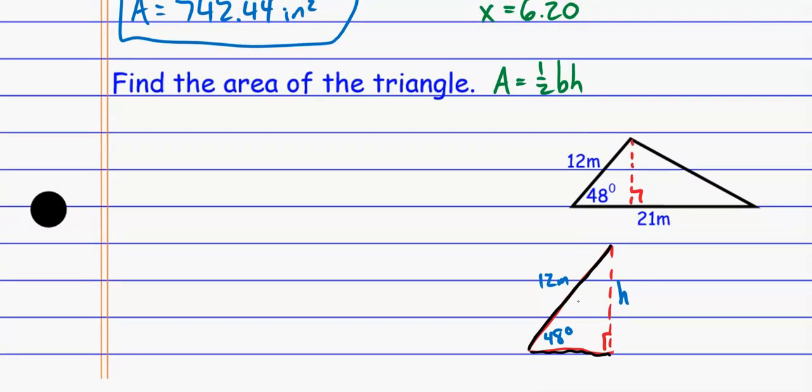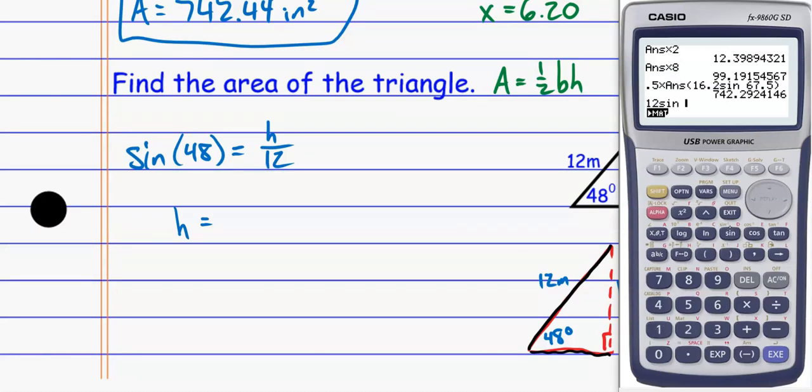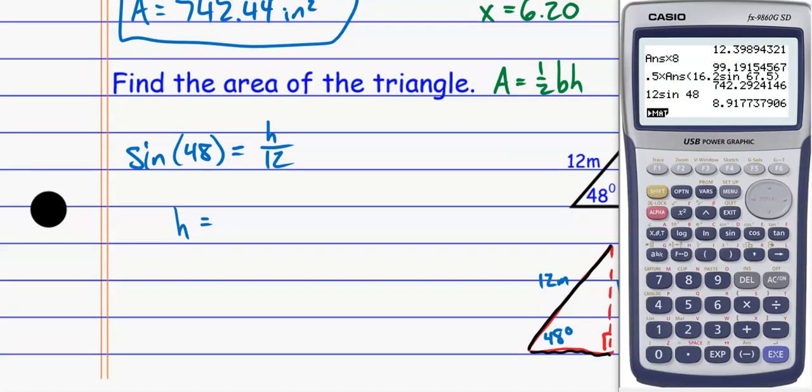Based on that angle, I have the hypotenuse, and I'm looking for the opposite side. Well, that tells me to use my sine function, okay? So I do the sine of 48 degrees equals opposite over hypotenuse. And now once again, I can cross multiply and solve for h here. So here it is 12 times the sine of 48 degrees. And I get 8.92.